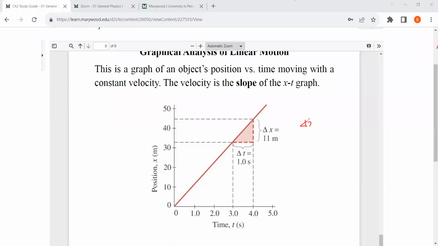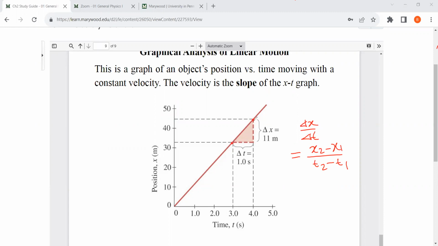Now what is delta x over delta t? From the graph, how do you determine the slope? So delta x is basically x2 minus x1, and delta t is t2 minus t1. To determine the slope, you basically need 2 points. So you choose 2 points, let's say this point and this point.